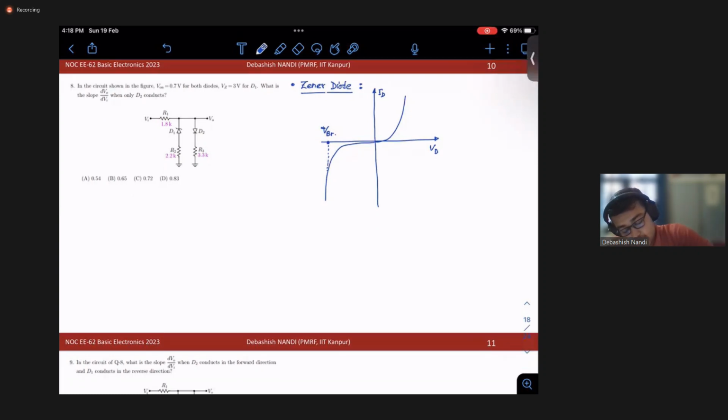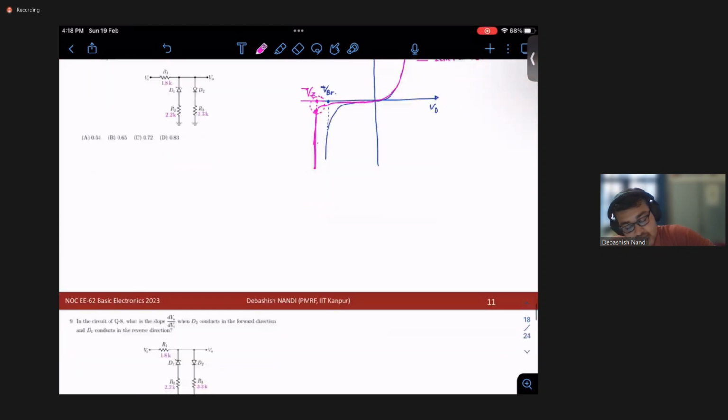So for Zener breakdown, what happens? This almost remains same, and this becomes like this. Okay, so this point we call it VZ, V Zener. So can you see a similarity with the forward bias situation, that here your voltage is getting pinned at this potential, right?